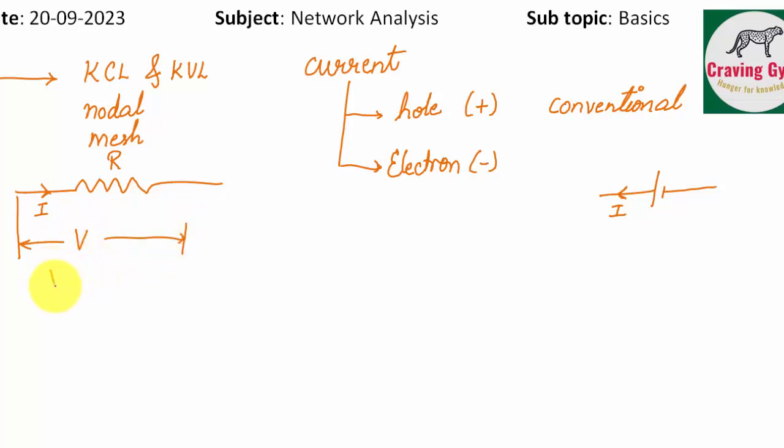So here voltage is nothing but, say, current drawing capacity or current withdrawing capacity. Suppose voltage is more, current is also more. Voltage is less, current is also less. Provided the path should be a closed path.